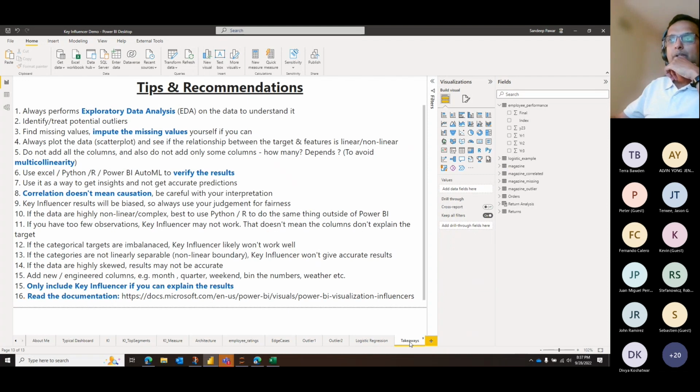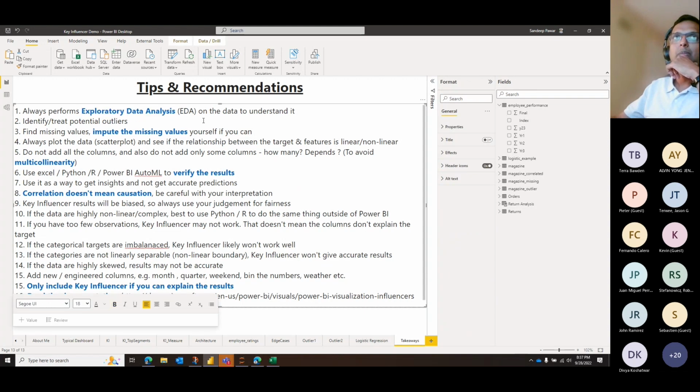So the key takeaways here: always understand your data, do your exploratory data analysis, and understand the data. Make sure your data is clean. It doesn't have any missing values, doesn't have any outliers, doesn't have any influential points. Impute your missing values.